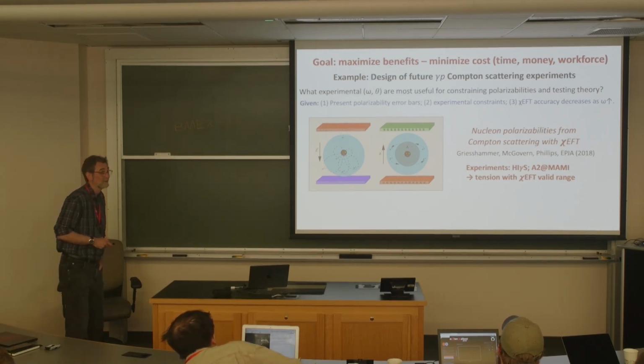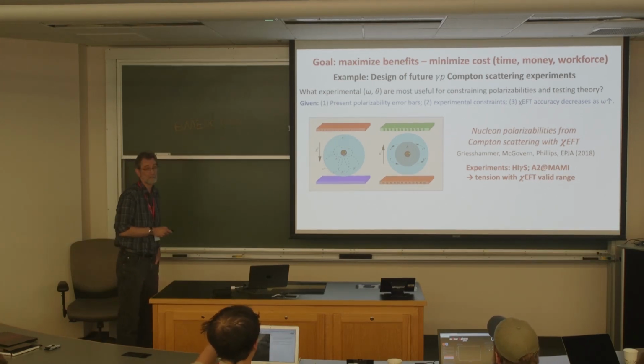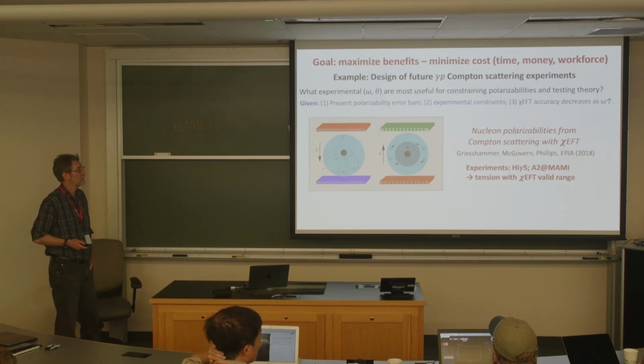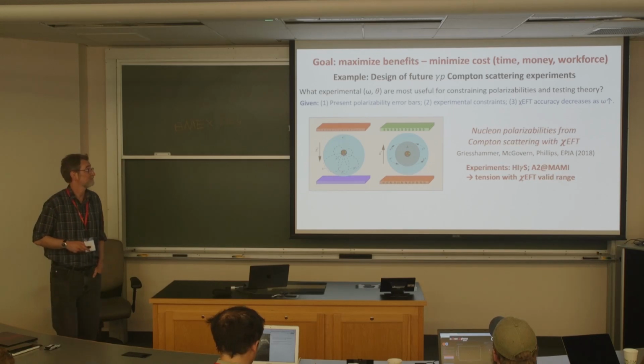What do we know? Well, there is some data, there's information coming in. We have error bars on these polarizabilities. We know that there are experimental constraints from the particular experiments that we're doing. And we have theory here. So this is something called chiral effective field theory, which is our model for these polarizabilities.